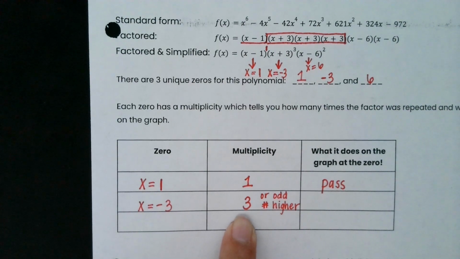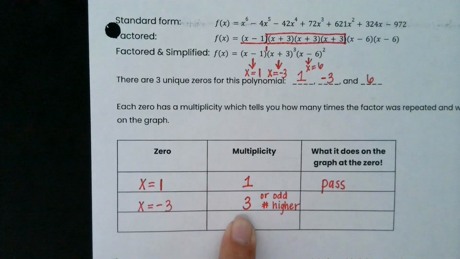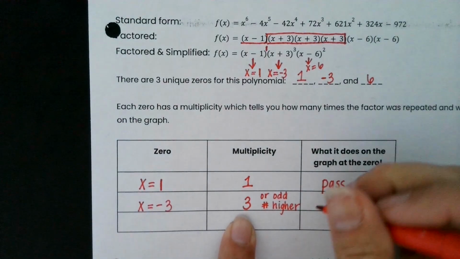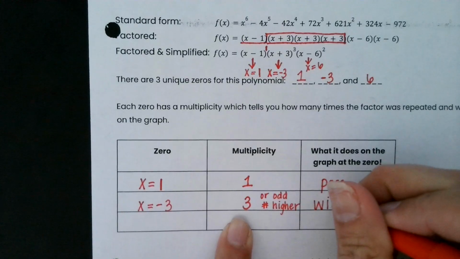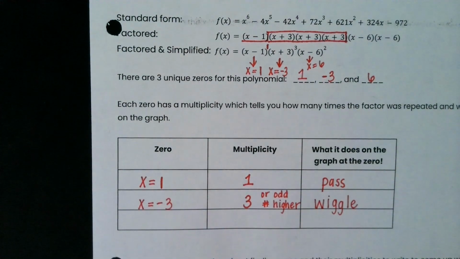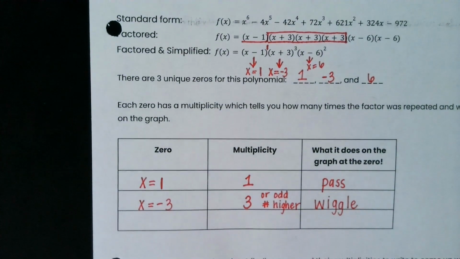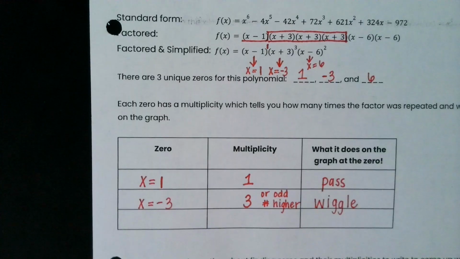What happens is it goes through the point, but it does this little curve through it. This is a very technical mathematical term: I say that it wiggles. It wiggles through the point. I'll show you what that looks like. Very high level math right there.